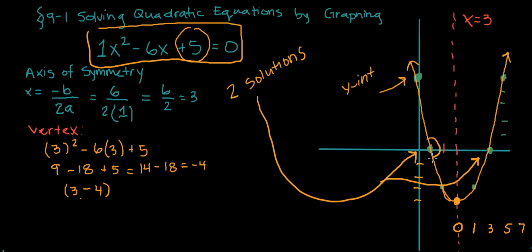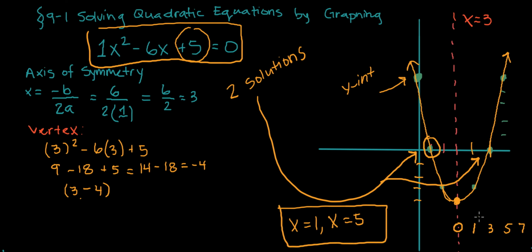So my answers are 1 and, I gotta count, 1, 2, 3, 4, 5. My answers are x equals 1 and x equals 5. And this is how I solve by graphing.